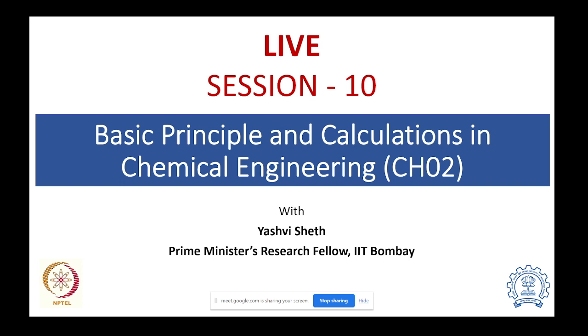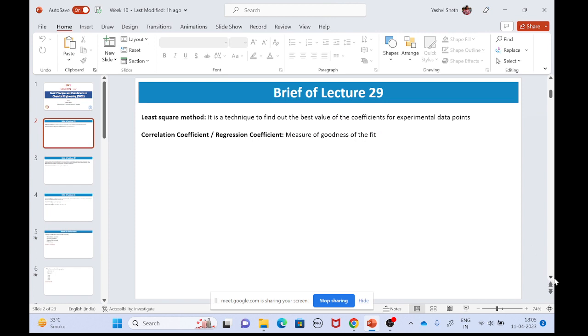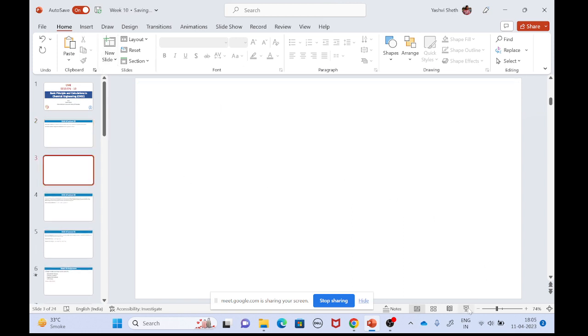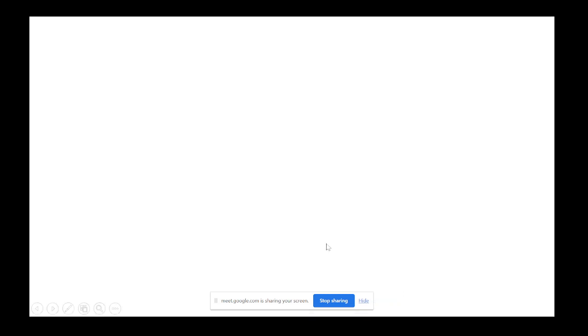Also, there will be certain cases in which you will try to find out various correlations. Say for example, you are developing a rate law. So any rate law is defined as minus dC/dt equals k C raised to n.